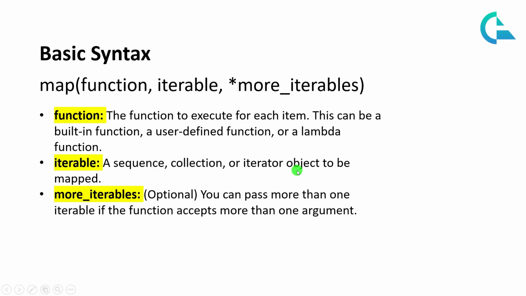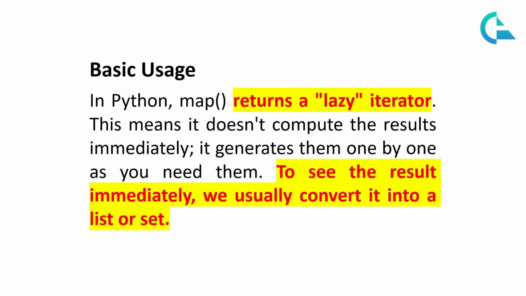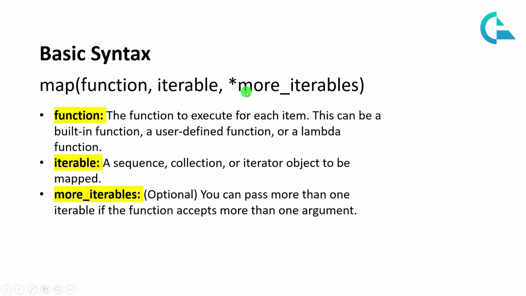Iterable means list or tuple, whatever you say. So you can add one or more than one iterable as well. We did that example with one iterable. We'll see with multiple iterables as well. Okay, and one thing, this multiple iterable is optional. As you saw, we did this with one only.